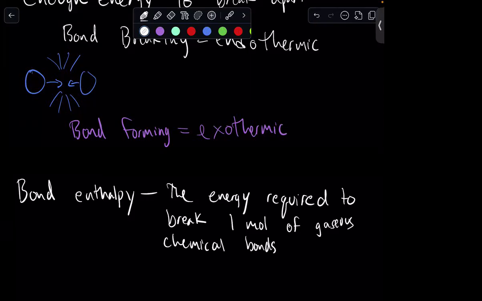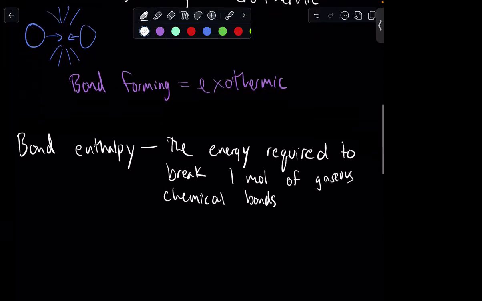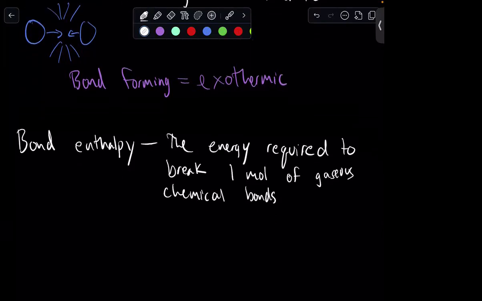The reason we use gas instead of liquid or solid is because if it's in the liquid or solid state, it will already take extra energy as those states start from lower energy.